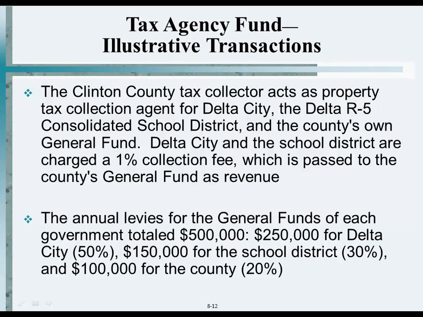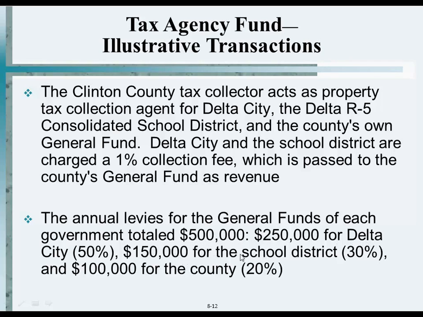Got it? So they're collecting for themselves and 3 other entities. And they charge 1% to the other 3, Delta City, Delta R5, and the school district, for doing this for them. Okay? This is the annual levy for the general fund for each government.